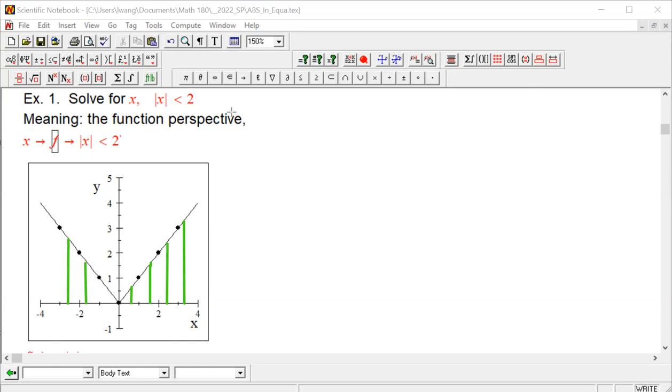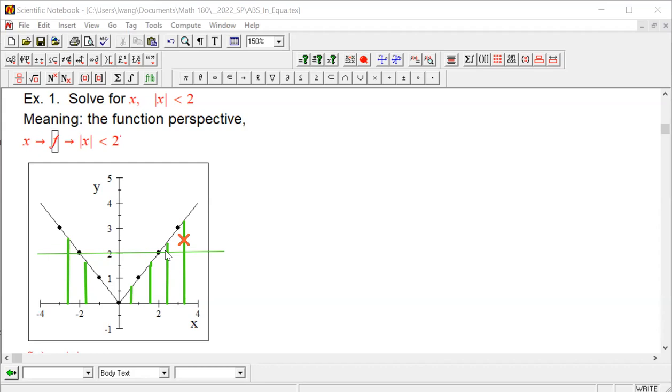What we can do is draw a horizontal line. This is the number we cannot exceed. Any output that's higher than this one or equal to it will not be our solution. Let's look at what is not our solution.